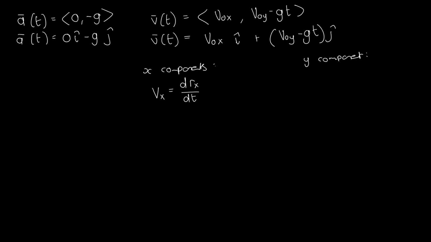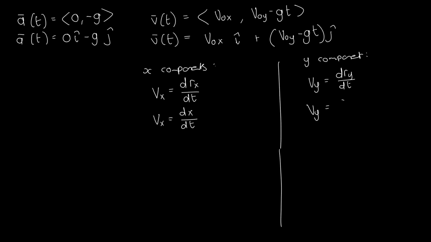But Rx is just the x, so you can also write it like this, dx dt. And we can do the same for our y component. It's going to be Vy is equal to dry dt, which is technically just our y's, dy dt.